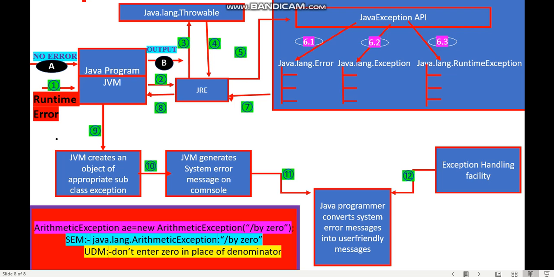So it is always recommended to display user-friendly messages instead of system-defined messages. That is, instead of displaying java.lang.ArithmeticException: division by 0, we should display a user-friendly message like "do not enter 0 for denominator". Now every user can understand that message. This is the internal flow of exception occurrence.